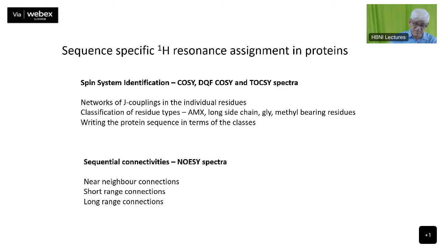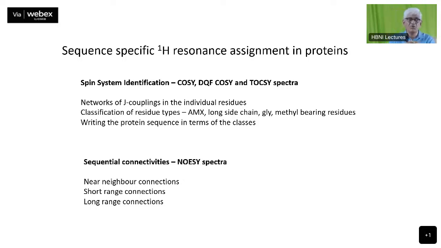Now, before we actually start analyzing the spectrum of the protein, it is necessary to have a kind of a dictionary, stepwise how we go and what kind of spectra we will have to record in order to analyze the spectrum of a protein. So typically, first you record 3 types of spectra. There are 2 steps in the process. What you want to do, you want to identify every proton to a particular amino acid residue along the polypeptide chain, what residue it belongs to and what proton it is in the amino acid residue.